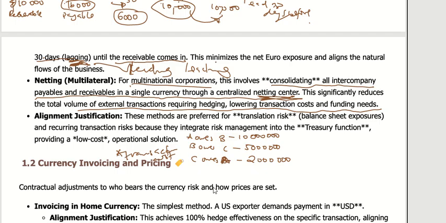So to avoid this, you can actually net this out, whereby this centralized netting center notices that C owes A 2 million.